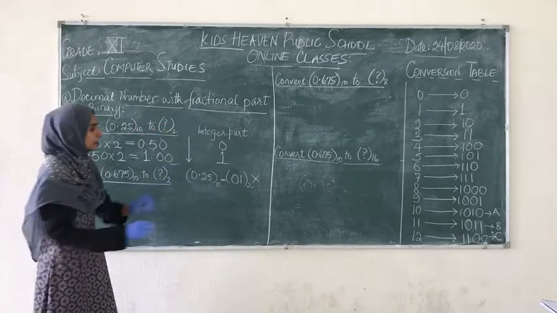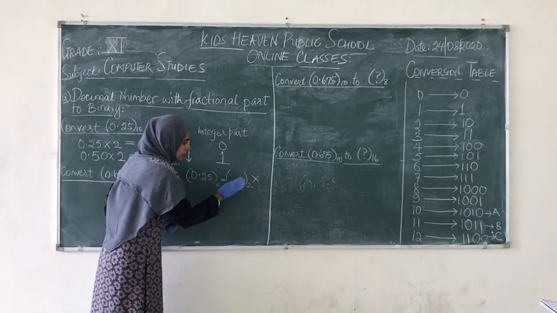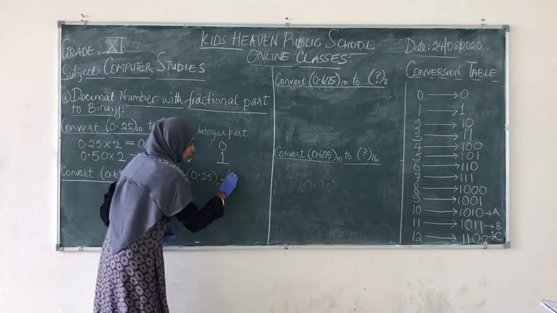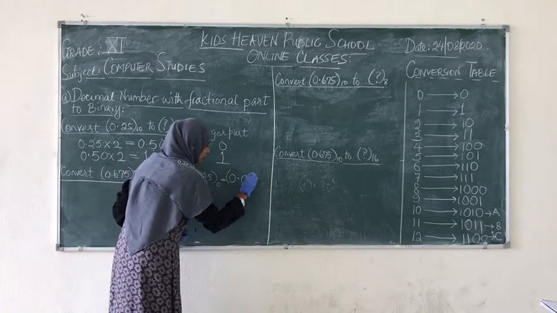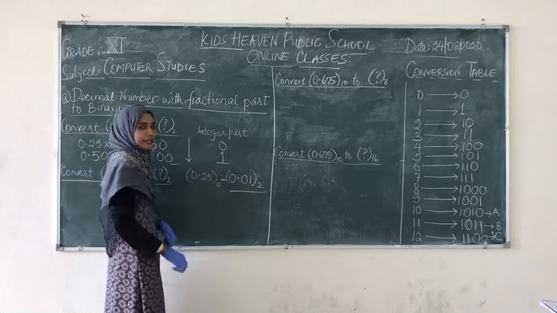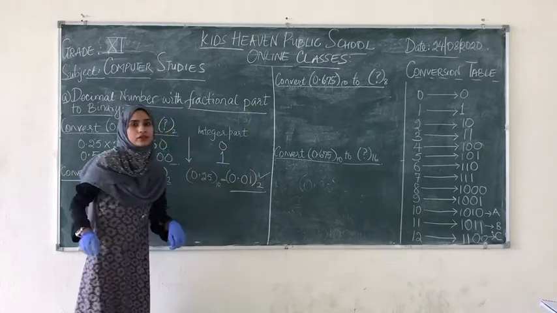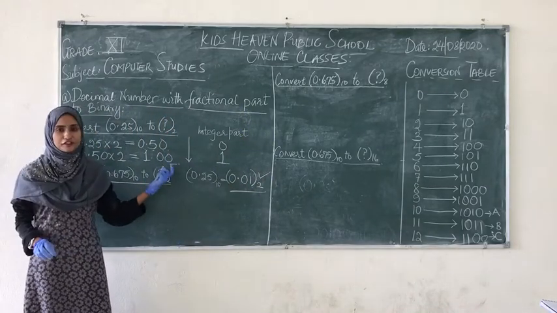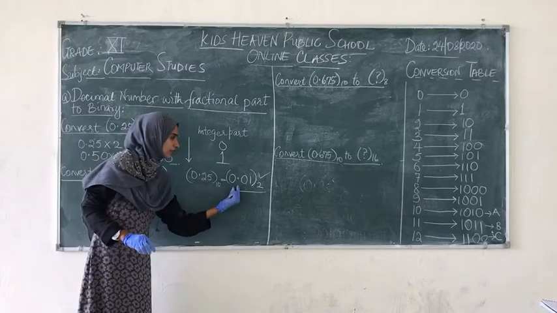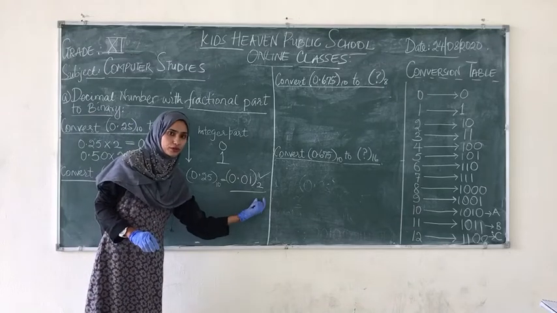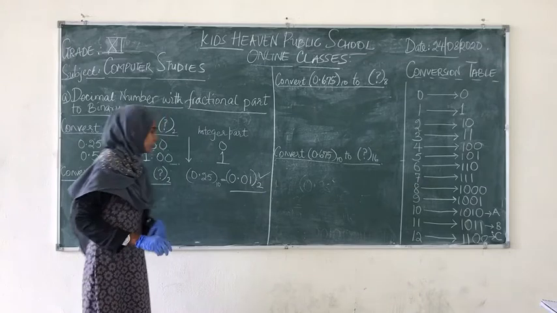Therefore, this 0, 1 is going to be written as a fractional part. Okay? Now this is right. We are calculating for the fractional part, so it will be written with a 0 point. Okay? Now I hope that's clear.